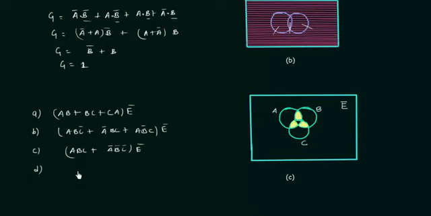And the last option is C complement, B complement, A complement, A, B complement, C complement. So these are the options. You have to find out the minimal SOP form for the shaded region.